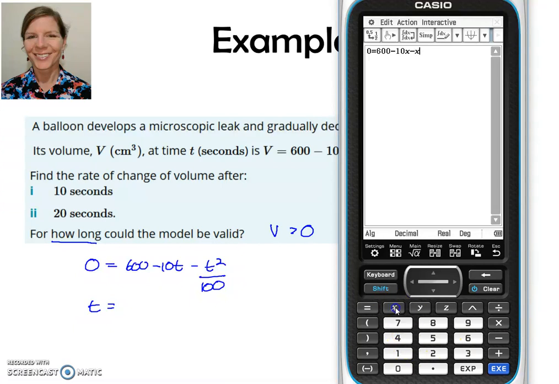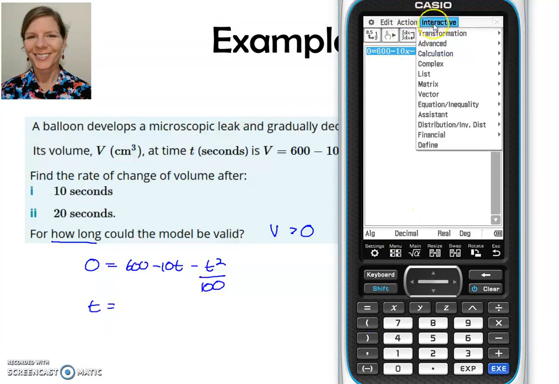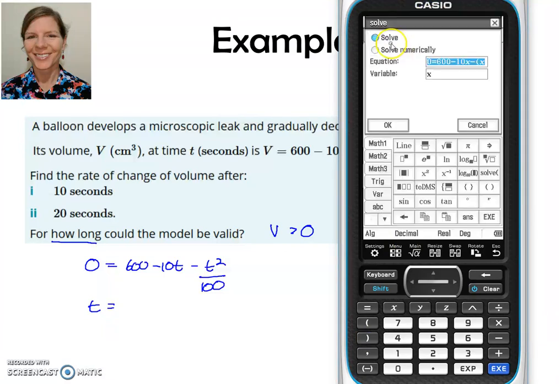Take x squared over 100. I'm just going to put that in brackets in case ClassPad does something a bit funny with that. Now we need to solve that.